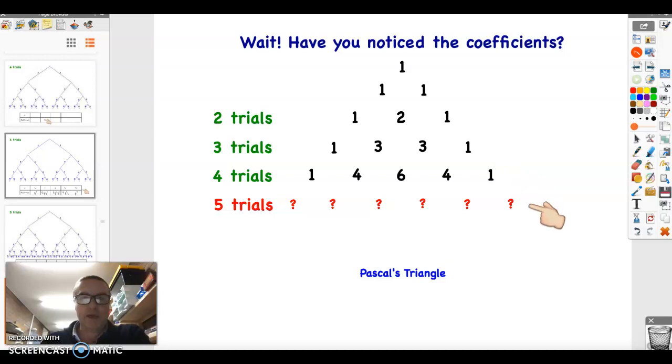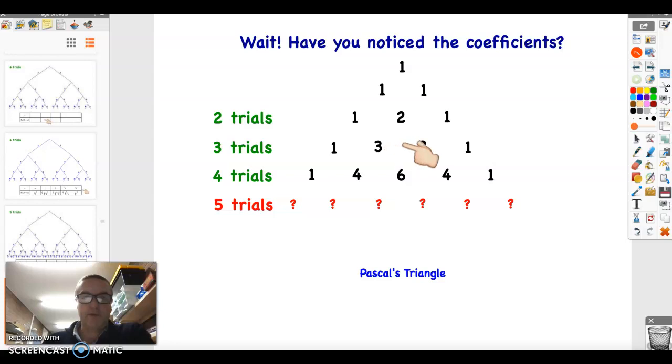What we're actually looking at here is Pascal's triangle. And if you're not sure what Pascal's triangle is, you'll see that there's a pattern from one layer of the triangle to the next, or one row, where the two numbers next to each other give us the number below. So 1 plus 2 is 3.